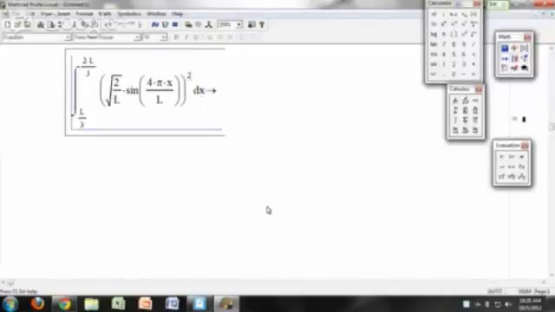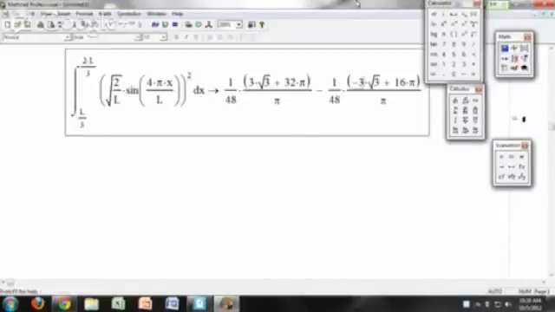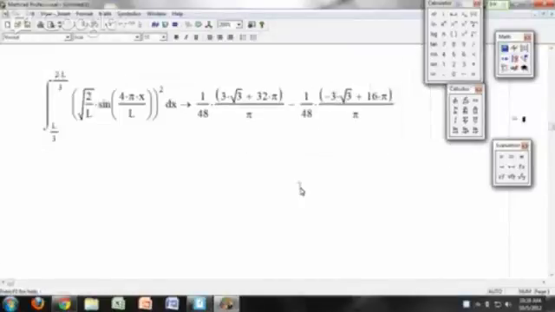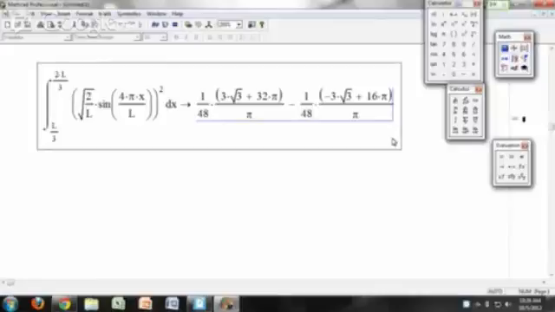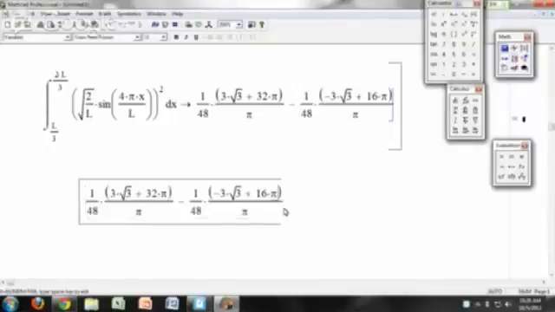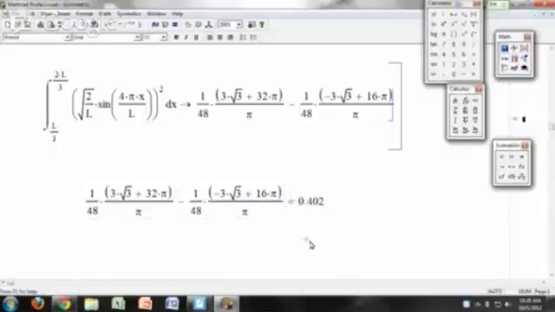I'm going to evaluate this symbolically, and there's my expression. That's the exact solution. So I'm going to copy that and ask MathCAD to tell me what that number is. I'll hit equals, and that's 0.402. So there's a 40.2% chance that if the particle is described by psi with n equals 4, it's going to be in the middle third of your box. Okay?